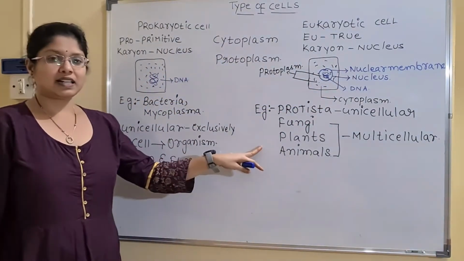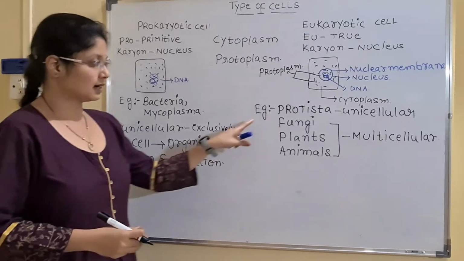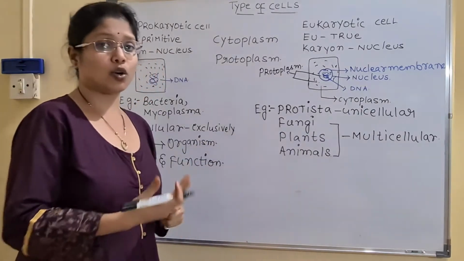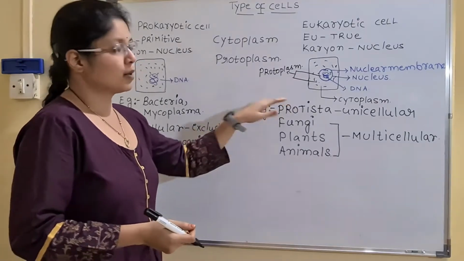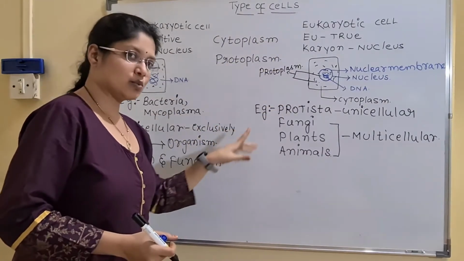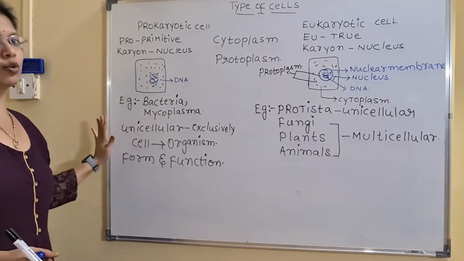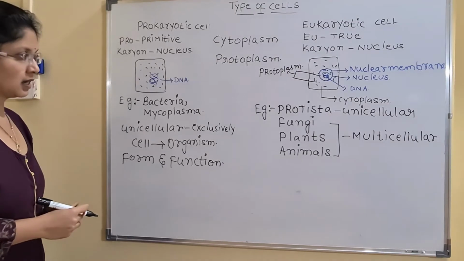Here the multicellular organisms play a major role, and they are highly evolved organisms compared to the protistans. Eukaryotic cells have both multicellular as well as unicellular organisms, and in the prokaryotic cells, we have only unicellular organisms.